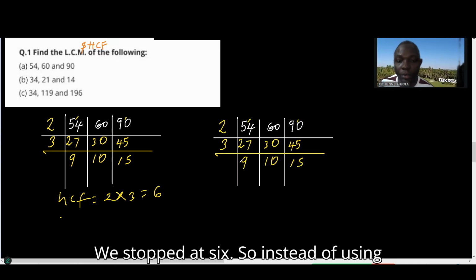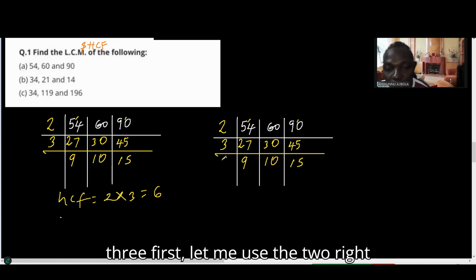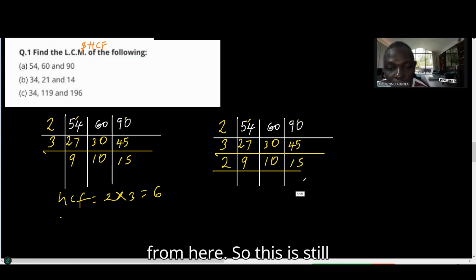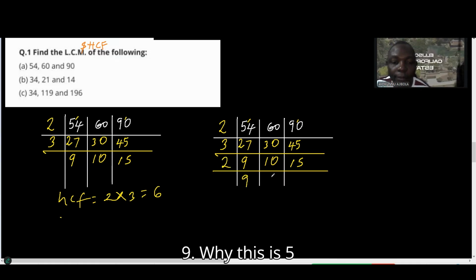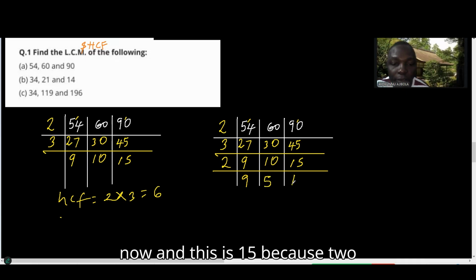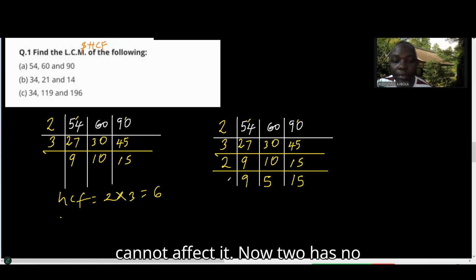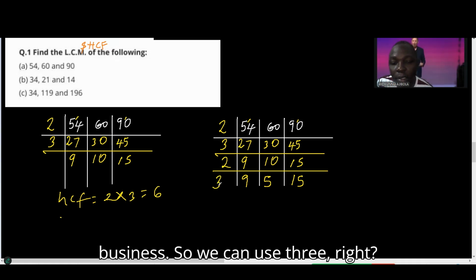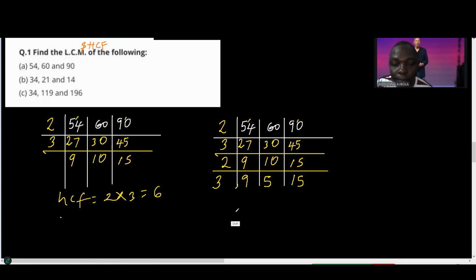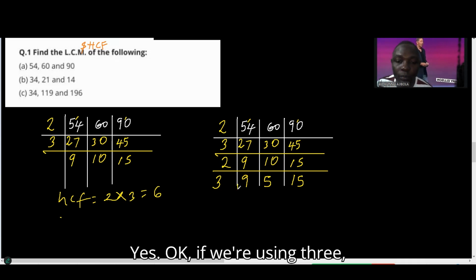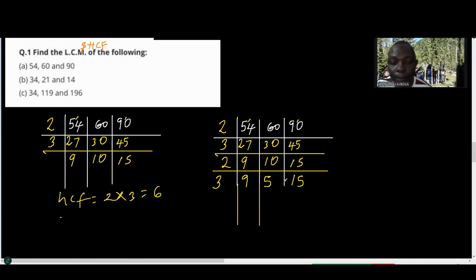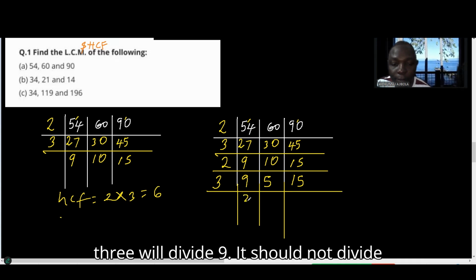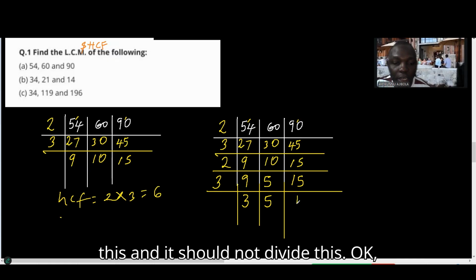We stopped at 6. So instead of using 3 first, let me use the 2 right from here. So this is still 9. This is 5 now, and this is 15 because 2 cannot affect it. Now 2 has no business, so we can use 3, right? Yes. 3 will divide 9. It will not divide this, and it will not divide this.